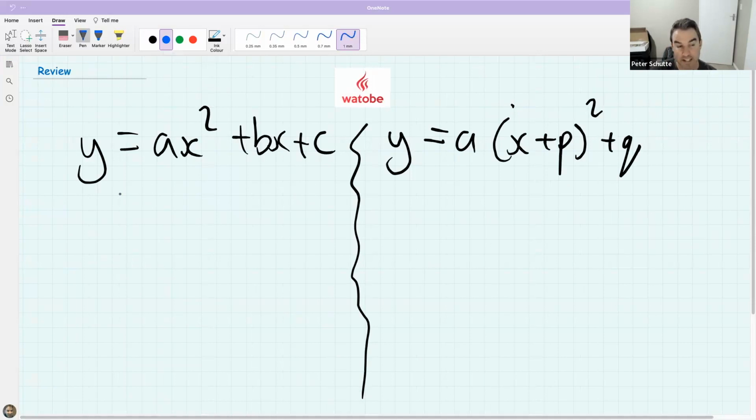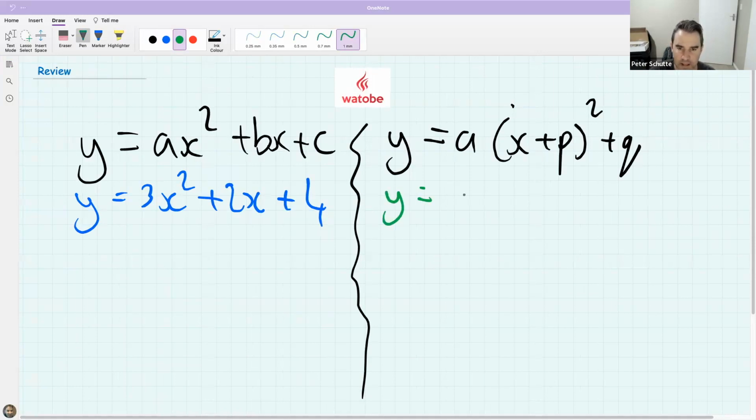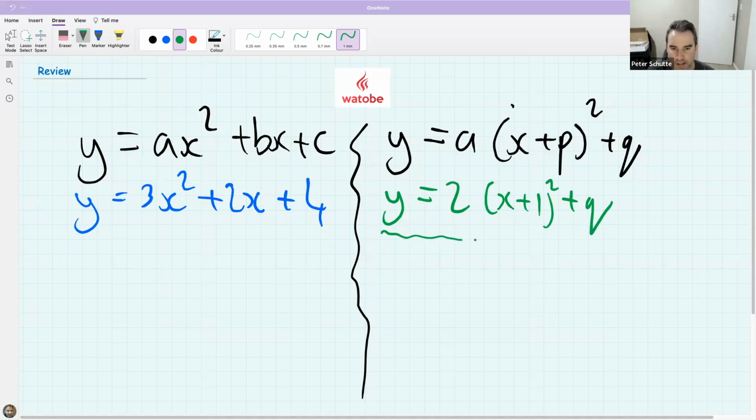If we had to fill in numbers for these, maybe we would say something like that, or maybe here we would say something like this. Okay, so we have to be familiar with the two different forms, and we also saw that you can break up the one form to turn into the other and vice versa.